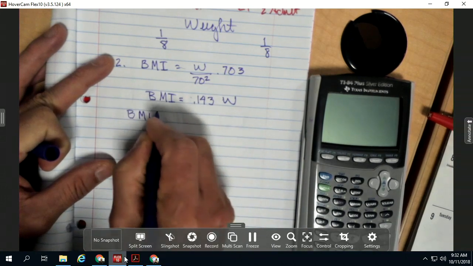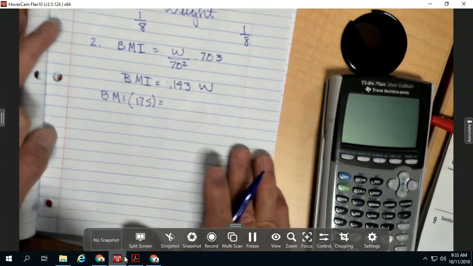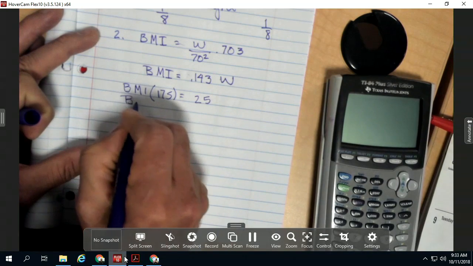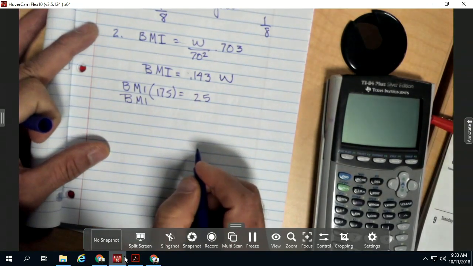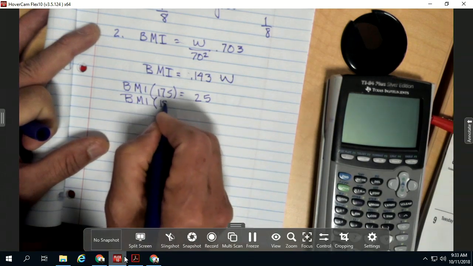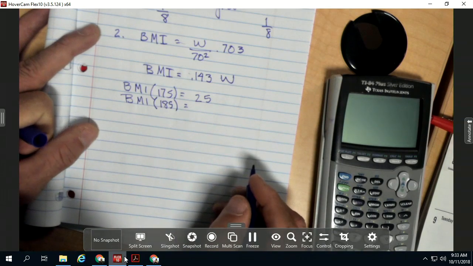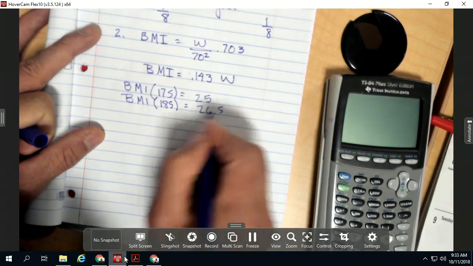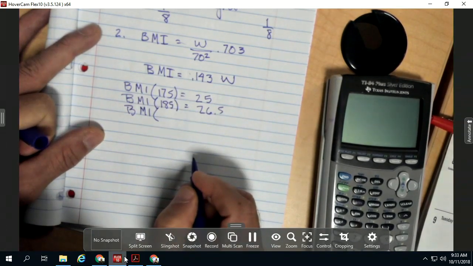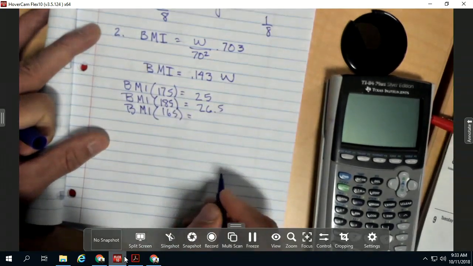So BMI of 175 is 25. And then it says he gains 10 pounds. So what should we put into the formula? And what do you get for a BMI then? And then a BMI, if he loses 10 pounds, so what should we put in? And we get 23.6.